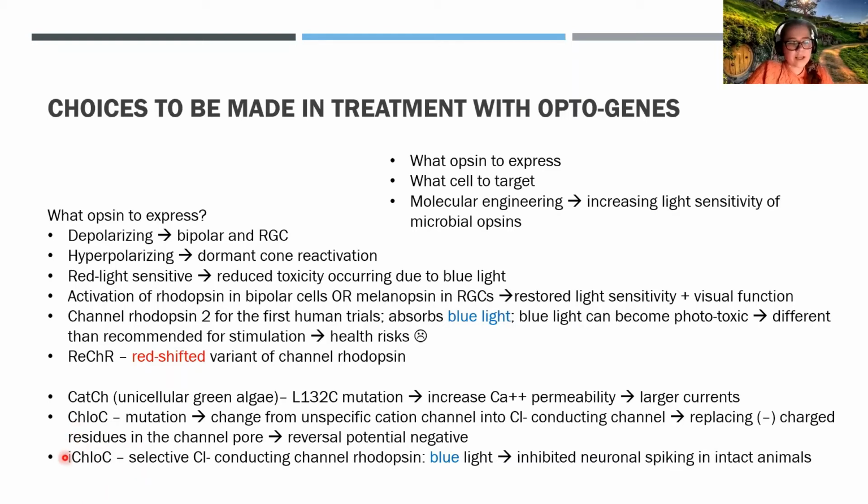And also a bit modified, this channel was converted into I channel rhodopsin. So as you see, there are so many different subtypes of channel rhodopsins, and we should decide which one is the best one.